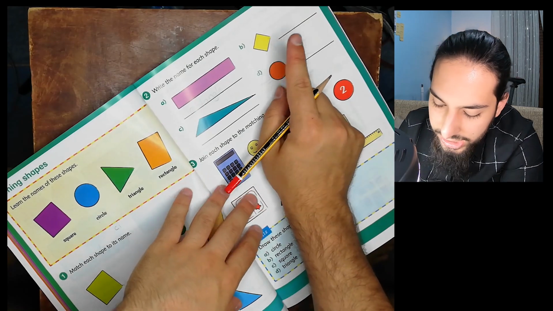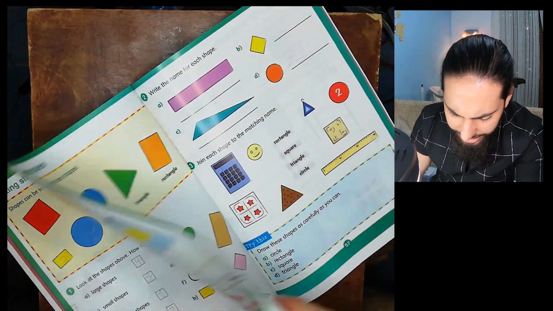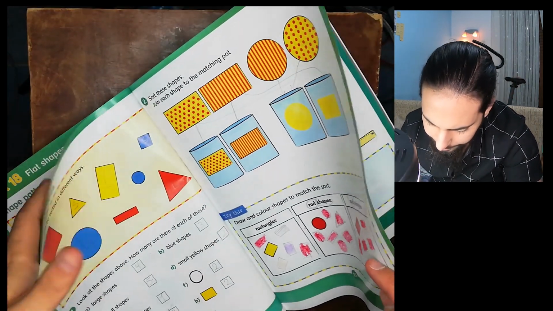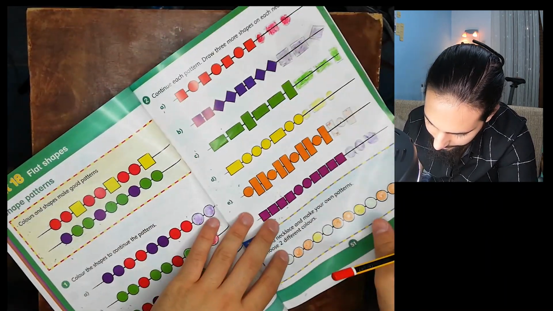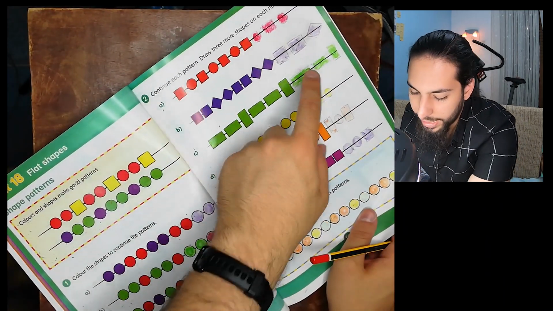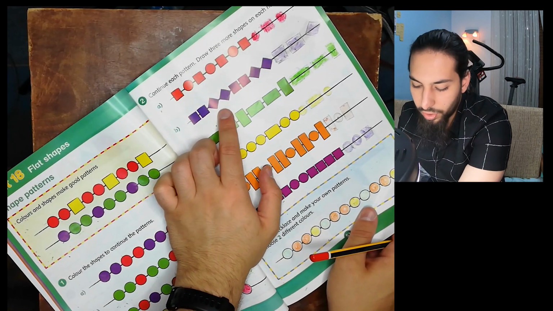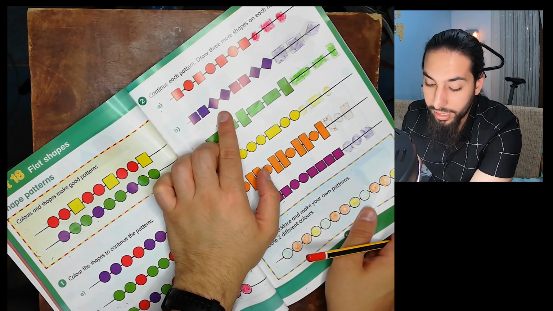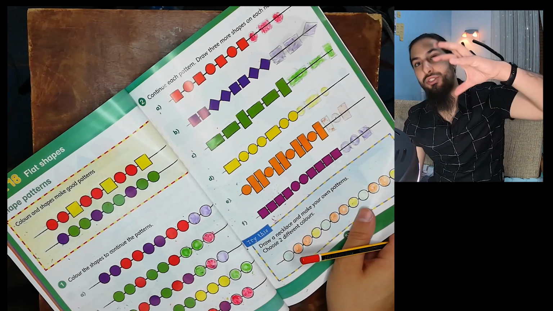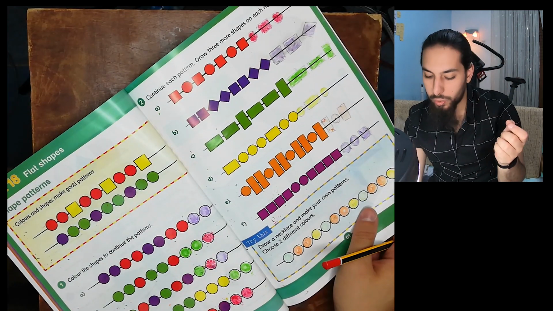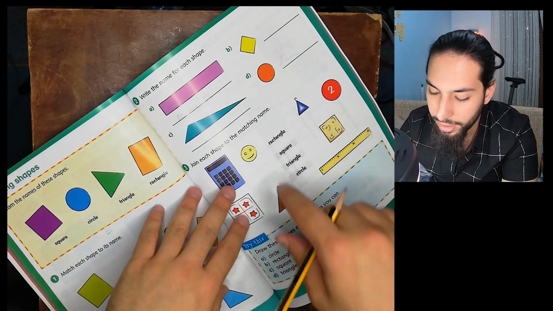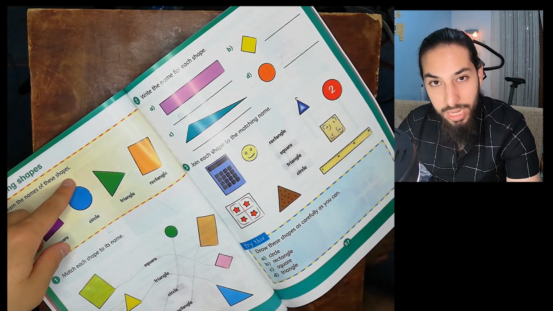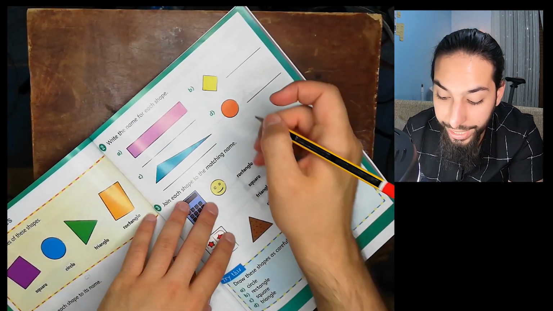Now, remember when I said this was a diamond shape? We did that here. Where was it? The C. Yeah, this one. Now, we can call this a diamond shape, or we can call it a square, which is tilted to the right or the left. But in this case, since we don't have a diamond shape, we're just going to call it a square.